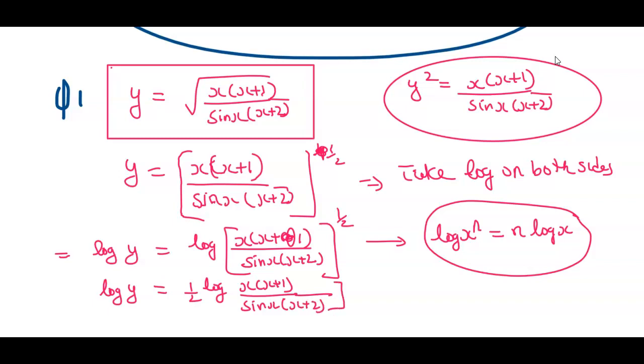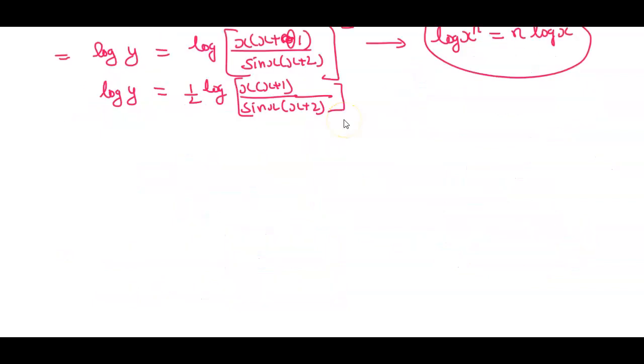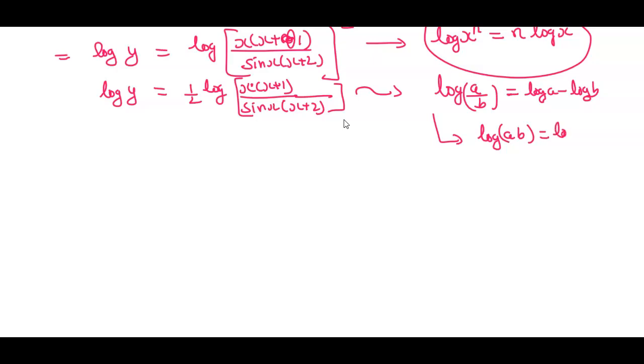Now if you can see, in this particular case we are going to use log a by b equals log a minus log b. Also, since it is a product of two, log a into b is equal to log a plus log b. So let's see.